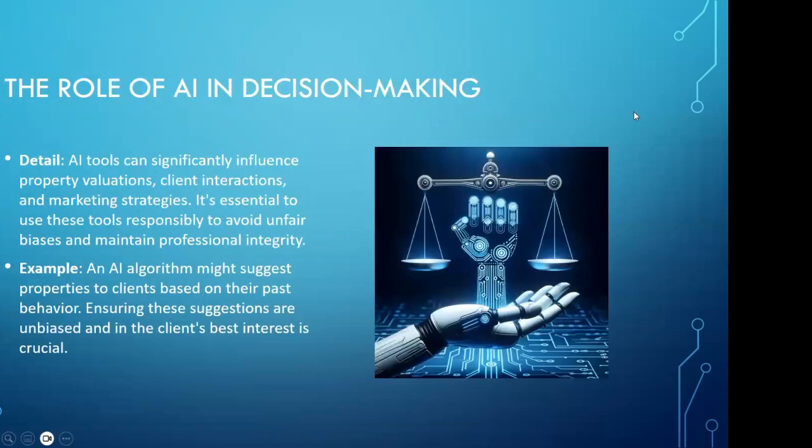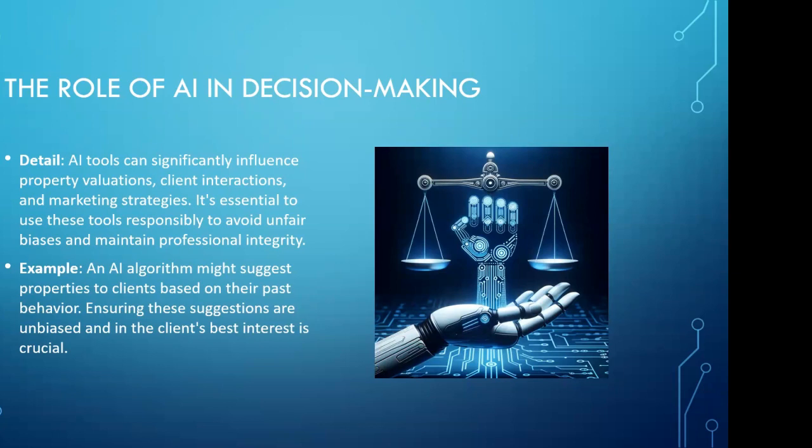The first thing to talk about is the role of AI in decision making. One of the things you want to be careful about is that AI tools can influence property valuations and client interactions. They can inform your marketing strategies, and it's essential to use those tools responsibly to avoid unfair bias and maintain your professional integrity. A good example is an AI algorithm that may begin to suggest properties to clients based on past behavior.